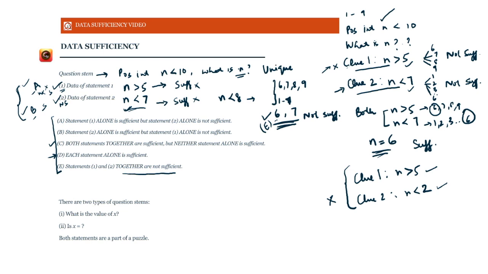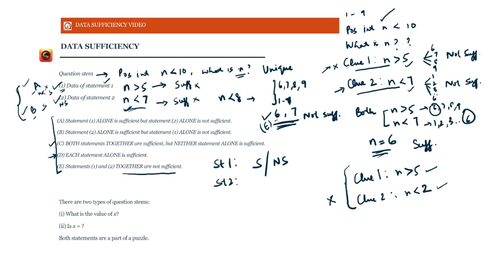So then what is the process that we follow while working on a data sufficiency question? We first read the question stem, we figure out what it is asking, then we review the data of statement 1, we find out whether it is sufficient or not sufficient. Let's say this is my statement 1.